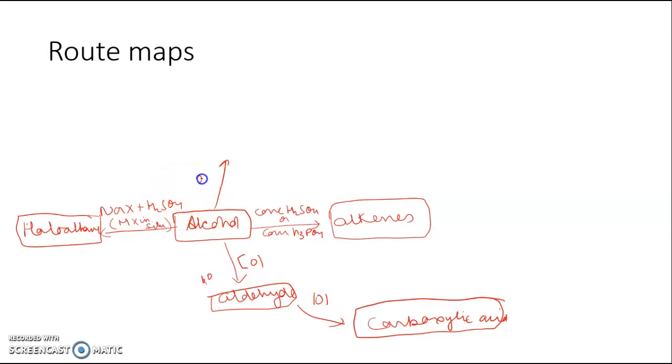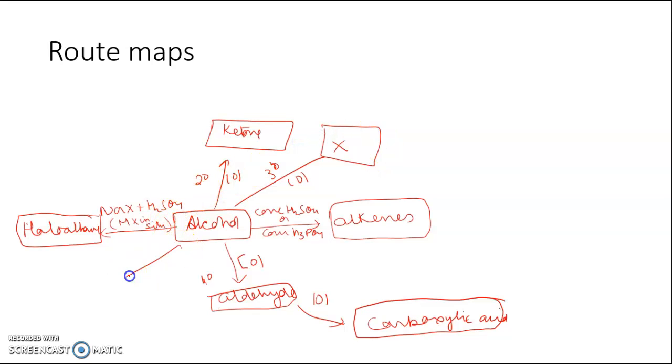If it is a 2 degree alcohol, you would get a ketone on oxidation. And if I took a 3 degree alcohol and oxidized it, I would get nothing. You could also put combustion reactions. So if you combust, that's burning, you would get carbon dioxide and water.